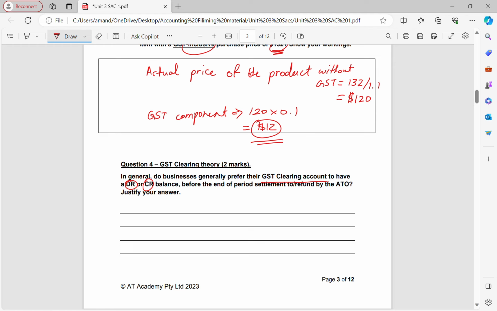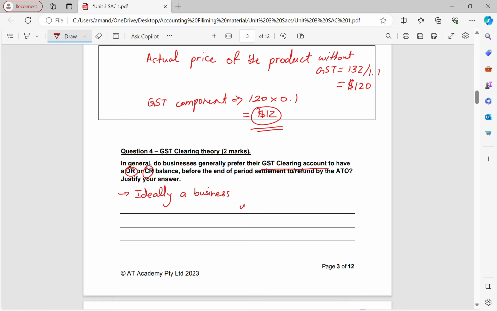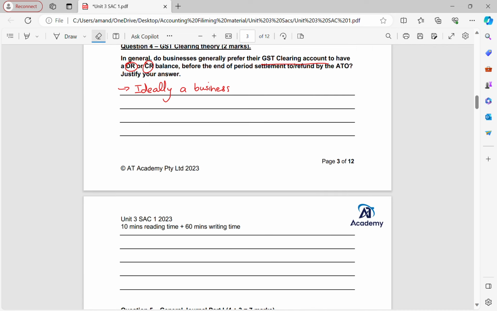Okay, so for this question, I would say ideally, obviously I won't write in dot points, but just to make it more clear to you guys, I'm going to write straight to the point, but you have to put it in sentences. I'm really struggling with this new status thing, but it will do.